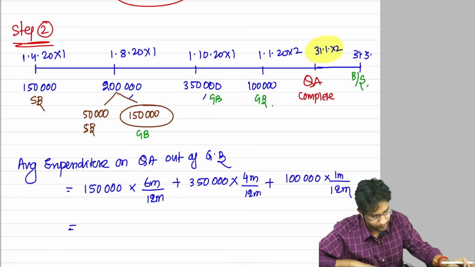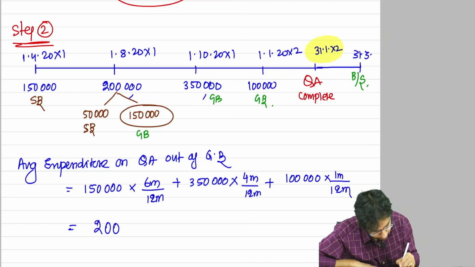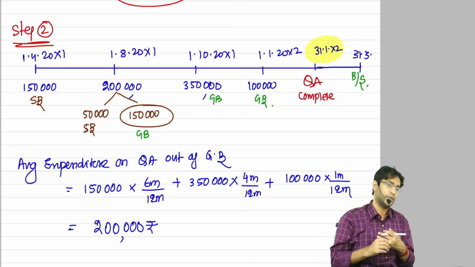So do the math. 350,000 into 4/12 plus 75,000 plus 2 lakhs. This is step number 2, sir.